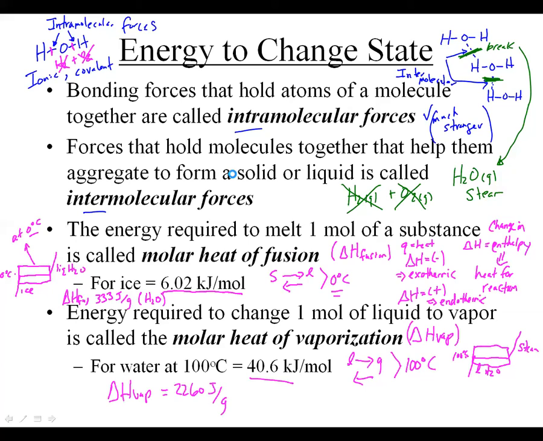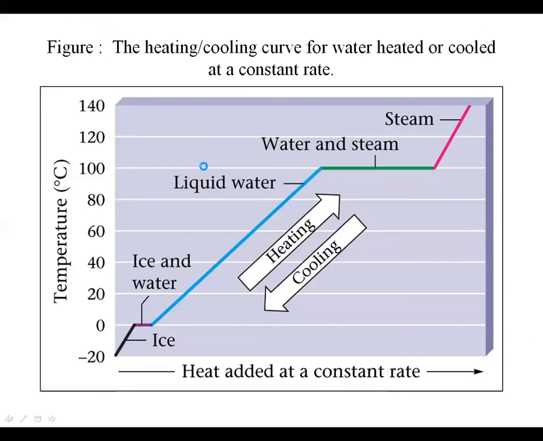Okay, so here's that much prettier picture of that cooling and heating curve. And in terms of the heating, as we go basically from ice, which is our solid, to here, which is obviously our liquid water, to steam, which is obviously our gas.